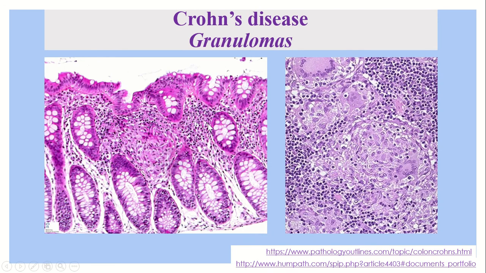And then the high power, here you see the Crohn granulomas in the wall of the large intestine, and under high power we see the multinucleated giant cells. Here also you see very prominent cells.